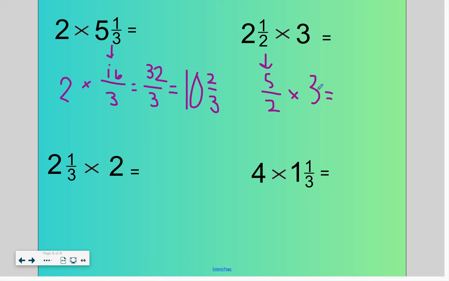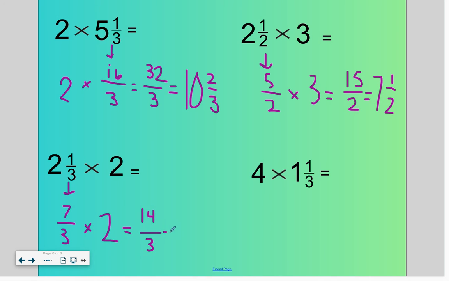Even though our whole number is second, it's still whole number times the numerator. Keep the denominator the same. Three goes into 14 4 times with 2/3 left over.